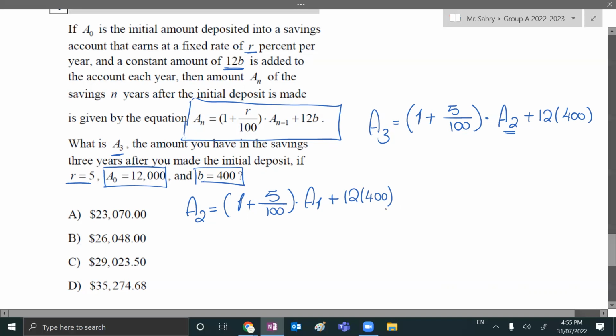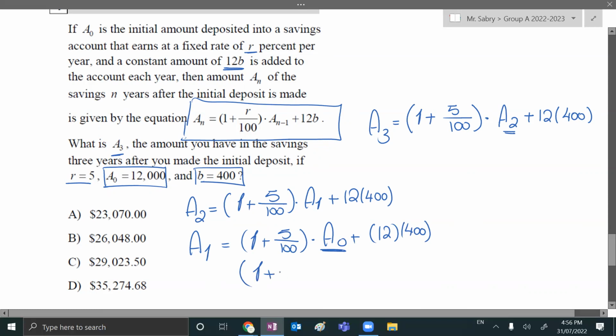Makes sense شوية ولا إيه؟ Clear, okay. 1 plus 5 over 100. Now I'll get to the previous one, which is A0 multiplied by 12 times 400. I do have the value of A0 now, which is 12,000. So I'll substitute.